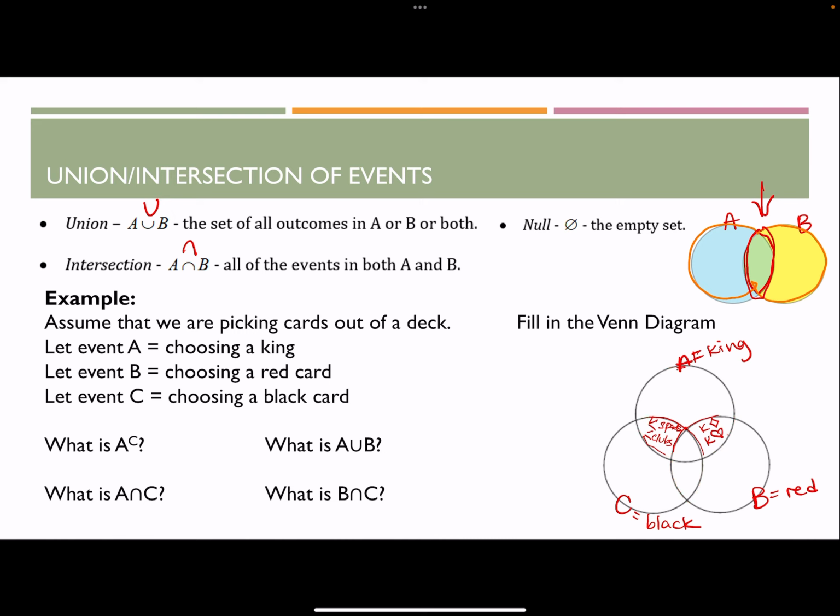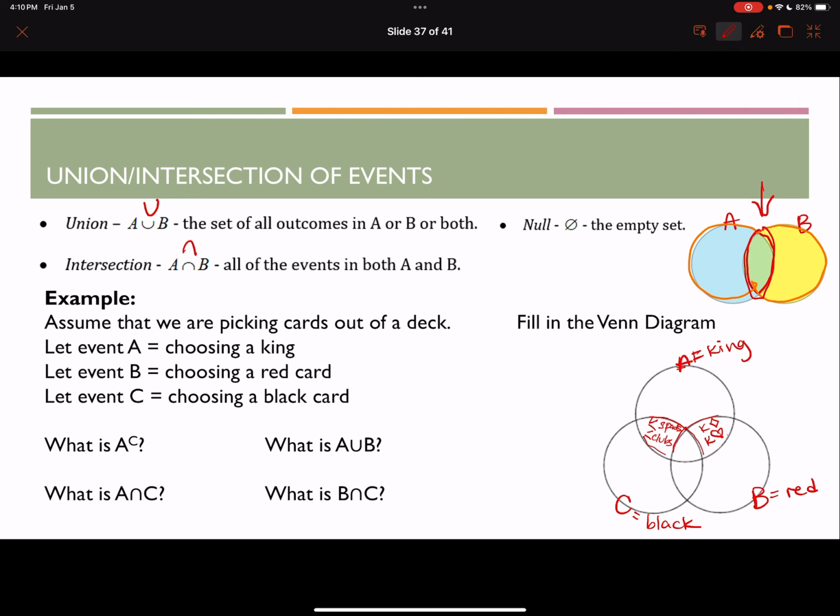Now let me move into this section down here, the B. Are there any cards that are red that I haven't already listed? Pretty much all the other red cards are here.